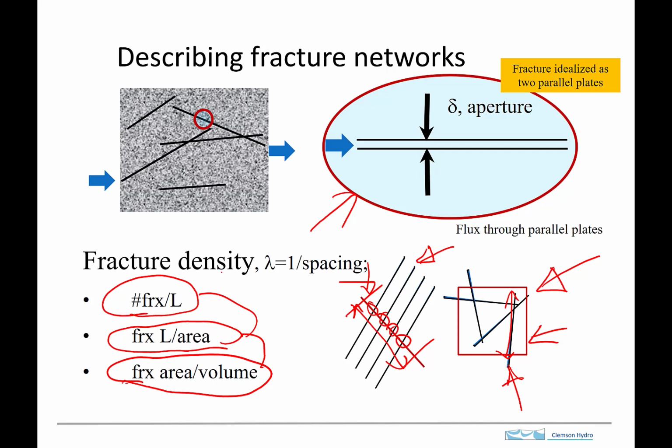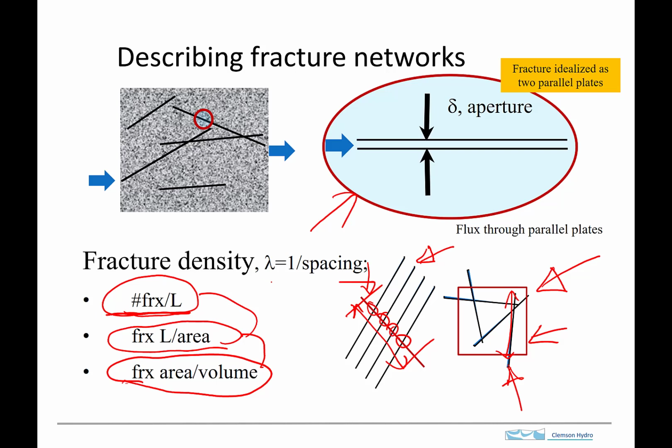If they're not, then these different measures will be somewhat different, but they're often assumed to be a good surrogate. For example, the number of fractures per length is typically for subsurface characterization. This is the kind of information you would get from a borehole. So this may be really the only information you have about fracture density.